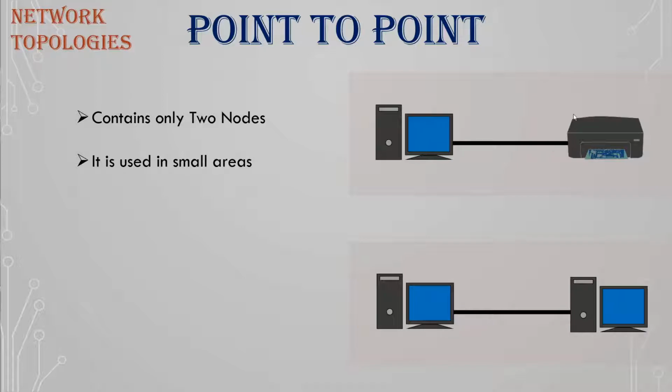Here we can see a representation of the topology where a computer is directly connected to a printer. This is another example where a computer is connected to another computer for sharing data. These types of topologies where one node is connected to another node are called point-to-point topology.